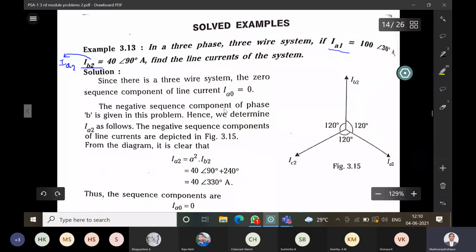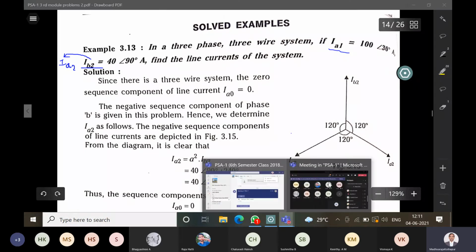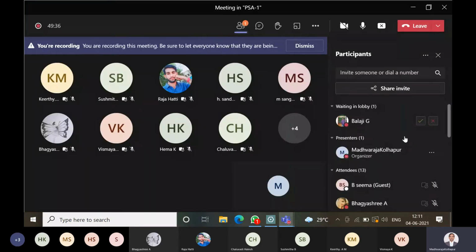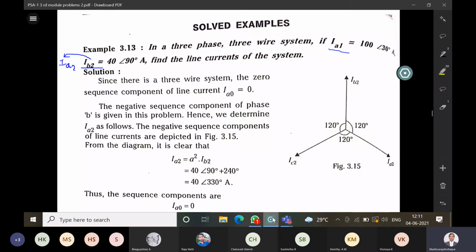The negative sequence component is there. The phase B is given in this problem, hence we determine IA2 as follows. Negative sequence component of line current, that is depicted from this figure. So IA2 is equal to A square into IB2, right?